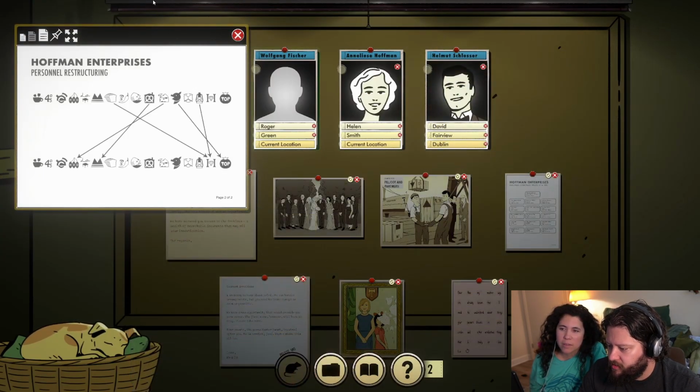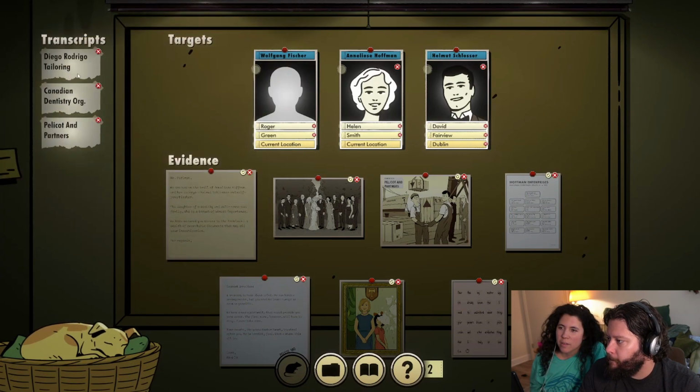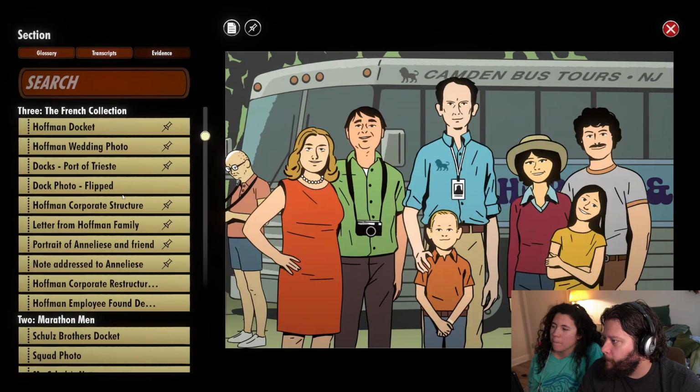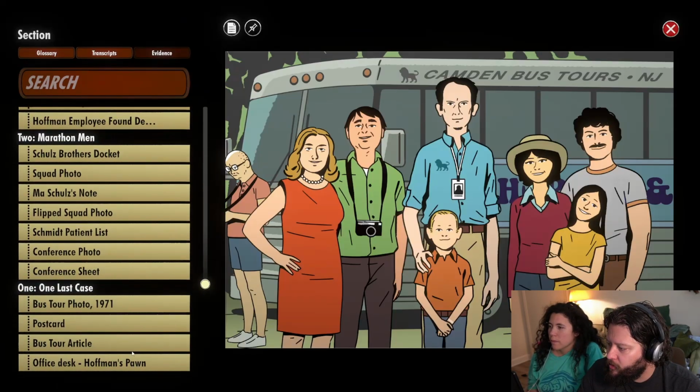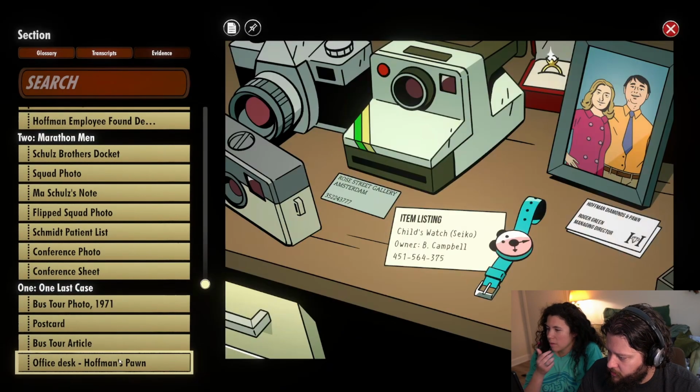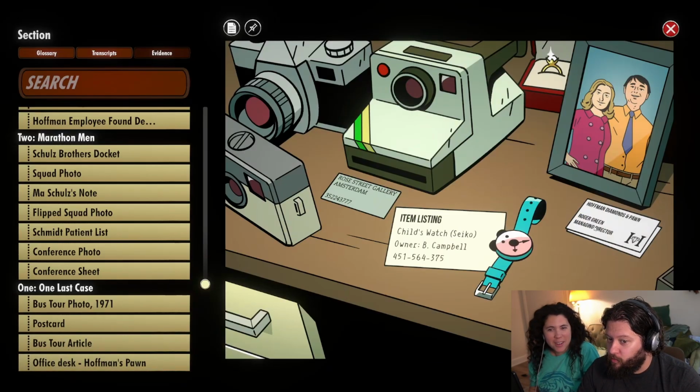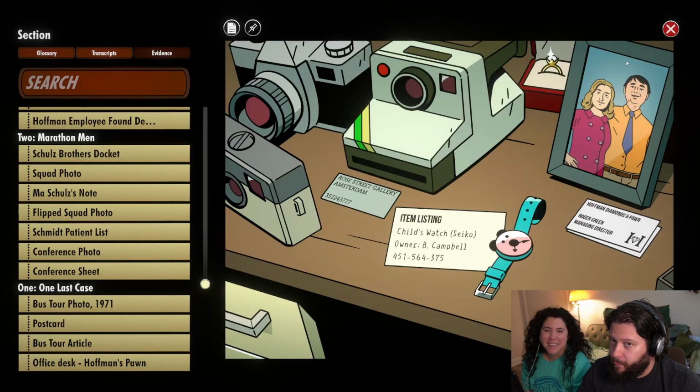I am curious. Can we look at our evidence journal all the way back? That's it. Hoffman's Pond. See, there it is. Hoffman. Hoffman. Roger Green. Interesting. You should pin that onto your table. But I'll do you one better.